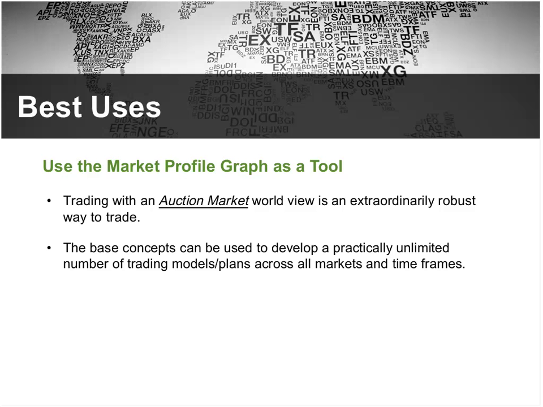If I show you a profile graph of an individual day in 2008, and take the scale off and show you a profile graph today, you can't tell the difference. So the auction process adjusts naturally to volatility. That's just one example of its robustness.